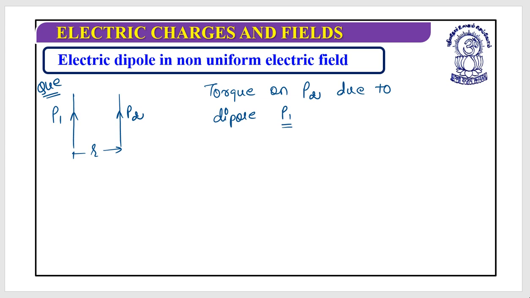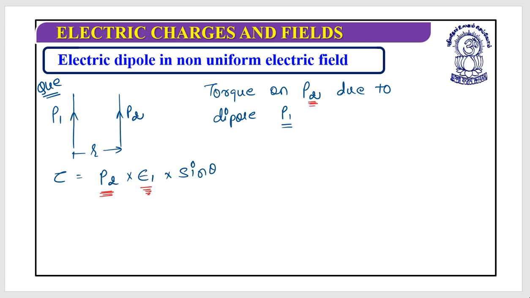First, write down the relation. The relation would be torque equals P2 into E1 into sine theta. Remember this thing, very important. Dipole would be mine. Electric field will be provided by someone else. I need to find out torque on P2.